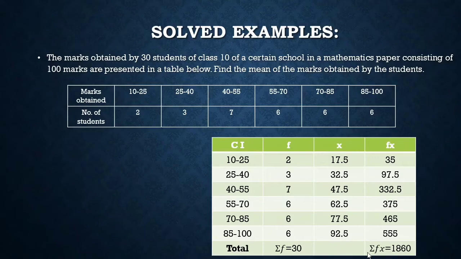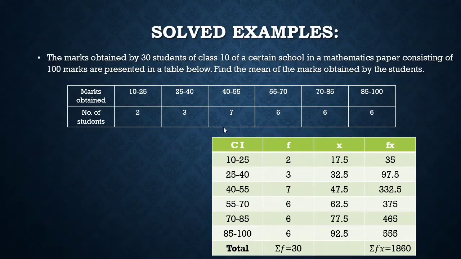Now to find summation fx in the table, add all the fx values: 35 plus 97.5 plus 332.5 plus 375 plus 465 plus 555. The sum of all these values will be equal to 1860.